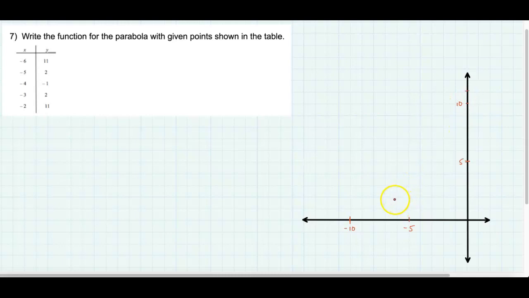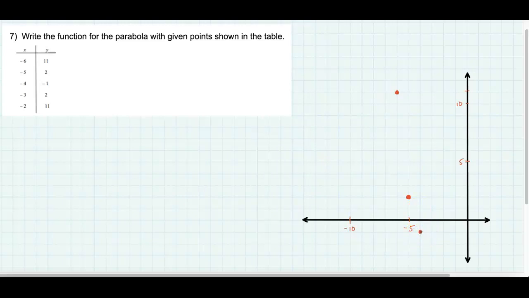So the -6, 11, so that's here, -6, and then that's at 11. Alright, right there. Okay, let me change this, there we go. This is a little easier to use. -5 is at 2, right here. -4 is at -1, so we go all the way down to here.